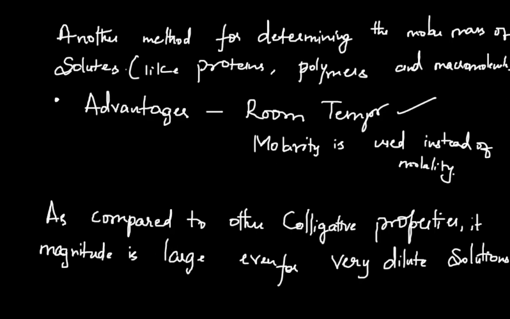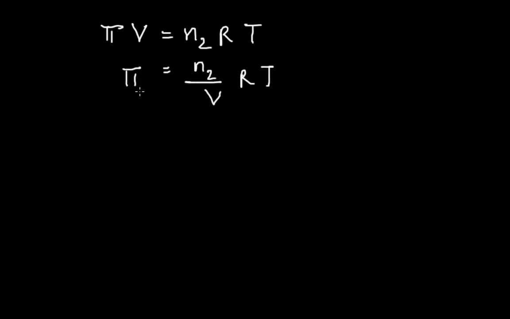Now, pi V is equal to n2 RT. If I bring V over, it is n2 by V times RT is equal to pi.